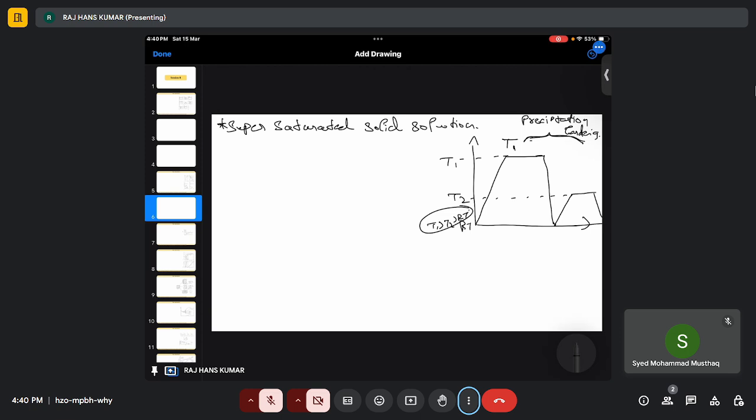Why? Because while quenching, we have reached the saturation limit of B. So B atoms will try to come out, right? That is obvious. Let's suppose this is my alpha phase.